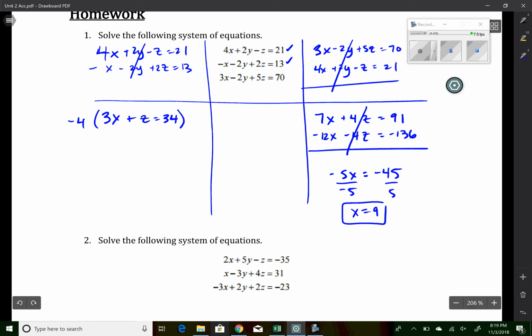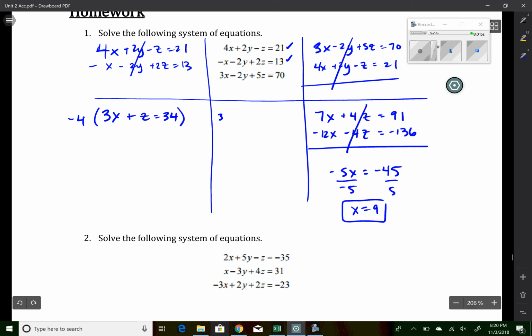Well, if x is 9, then I can find y or z, whatever I have left, right? So if I use one of these two equations I just used, so instead of 3x, if I put 3 times 9 plus z equals 34, so we have 27 plus z equals 34, or z is equal to 7. And now that I know x and z, we can then find y.